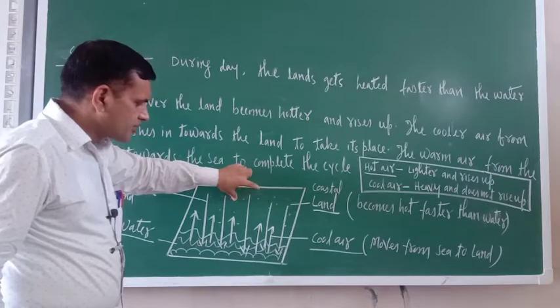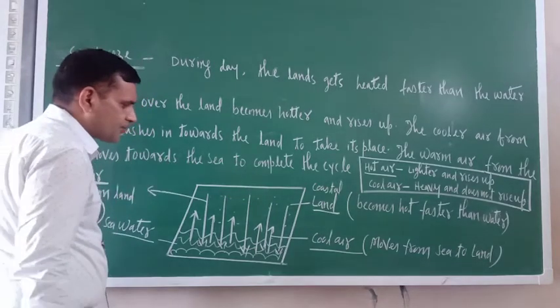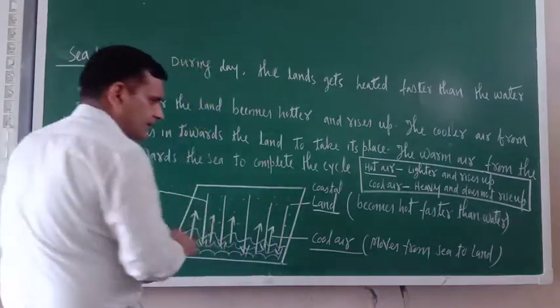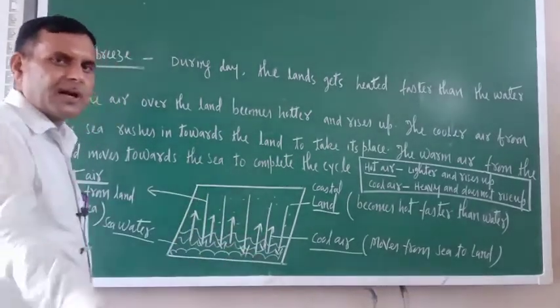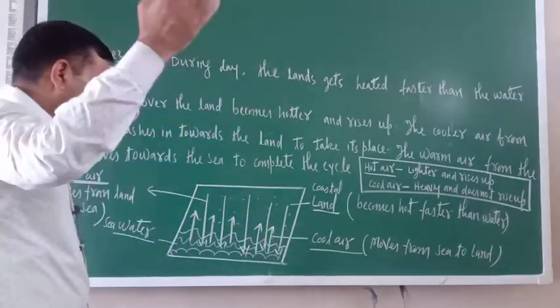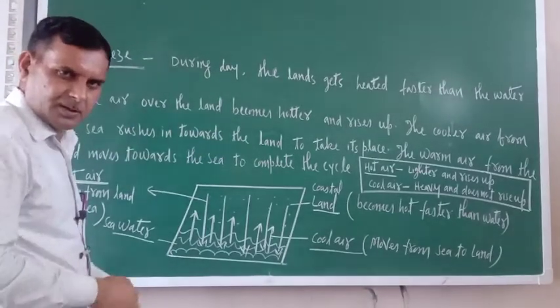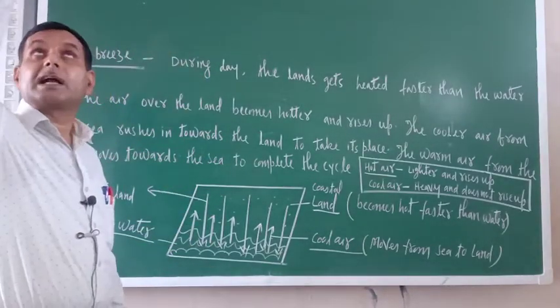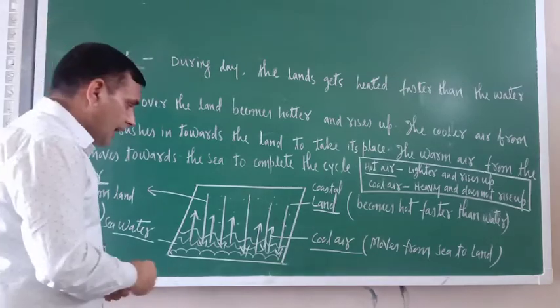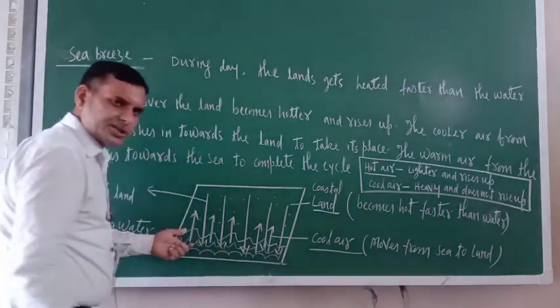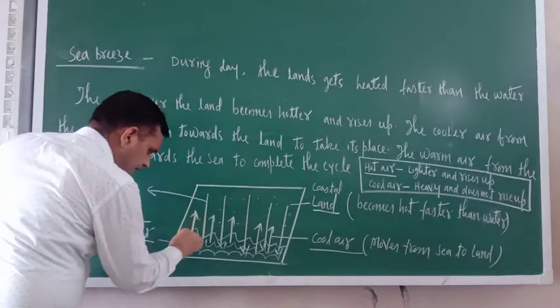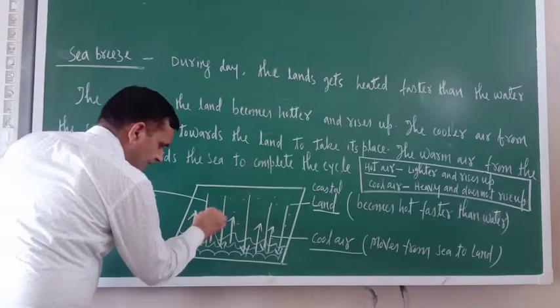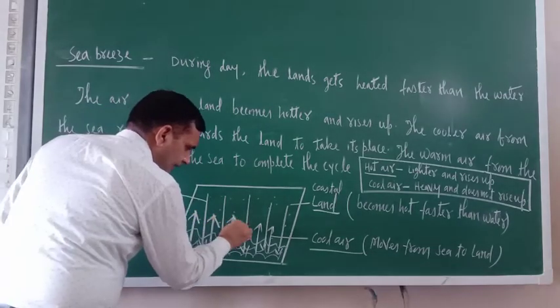So this land air, will it rise up or not? It will rise up. That air which is hot rises up, and the sea water is still cool. So now from the seaside, air will move towards the land.